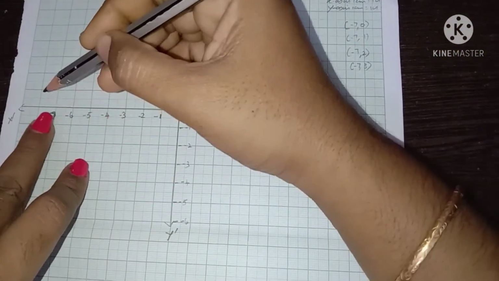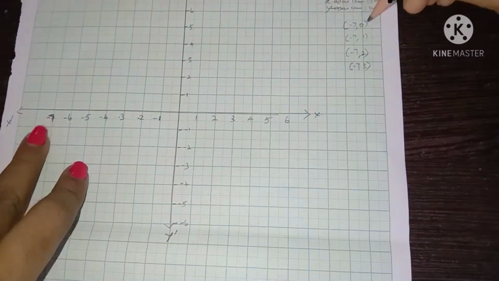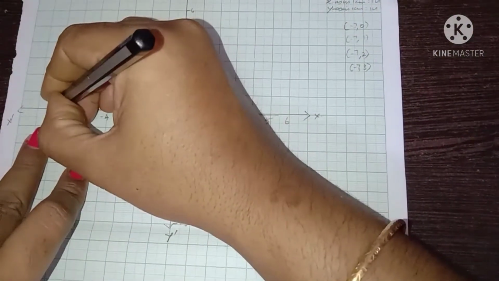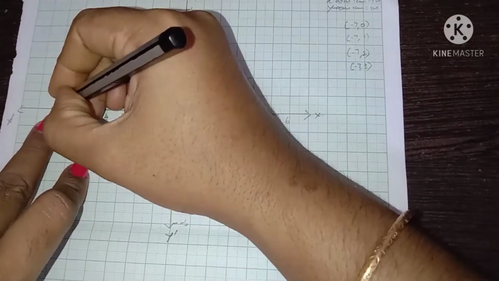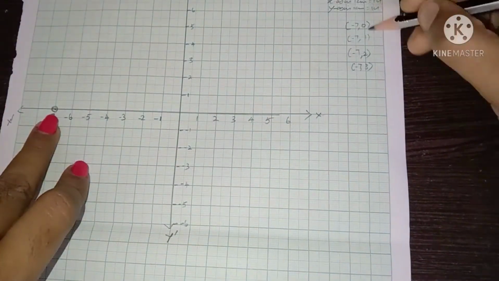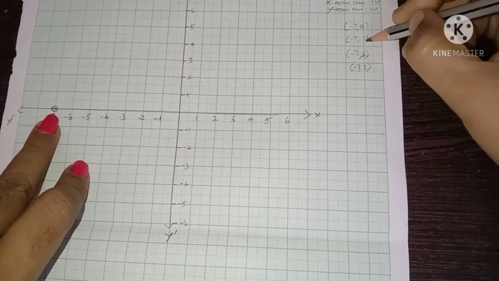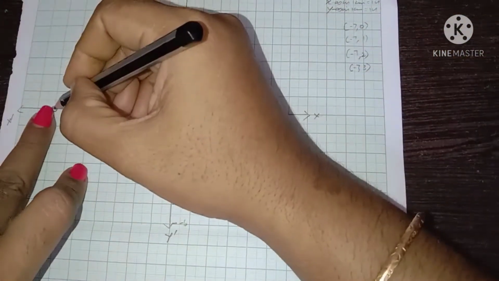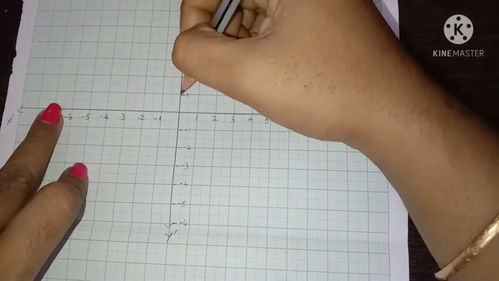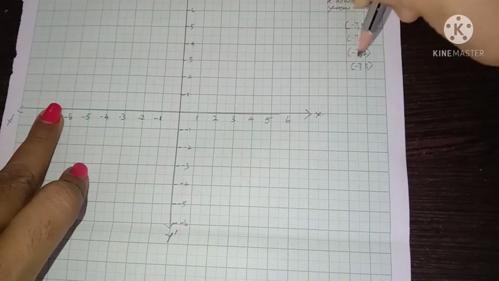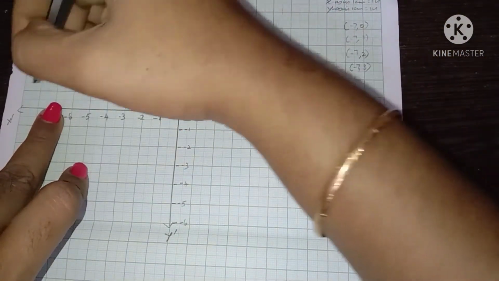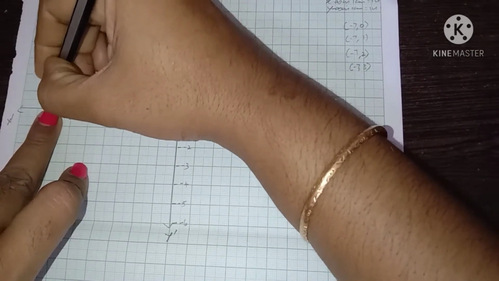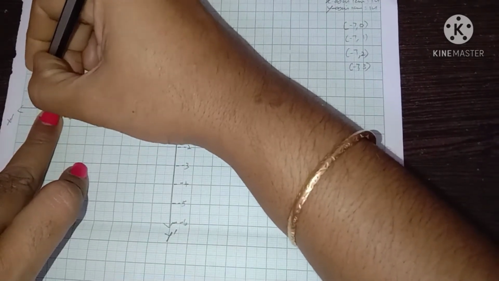So -7 is here. (-7, 0), that means it lies on the same axis, that is your x-axis. And then (-7, 1). So -7 lies here, and 1 you have to see in your vertical line. So 1 lies here. You have to mark it here, (-7, 1).